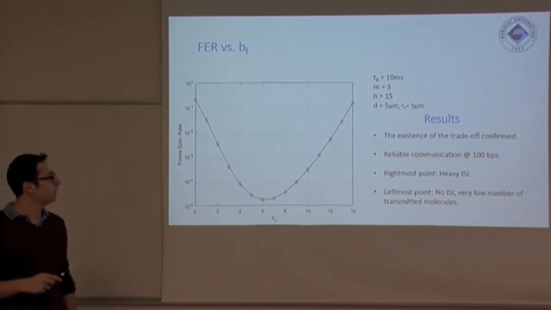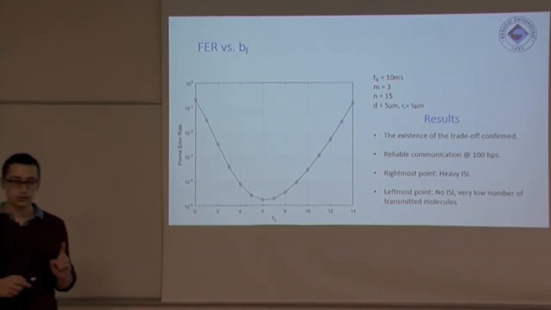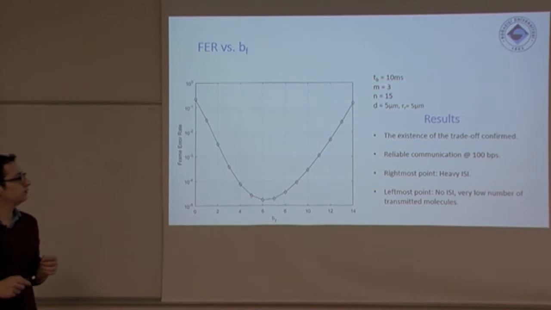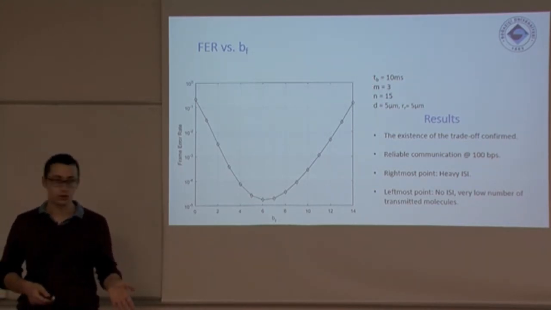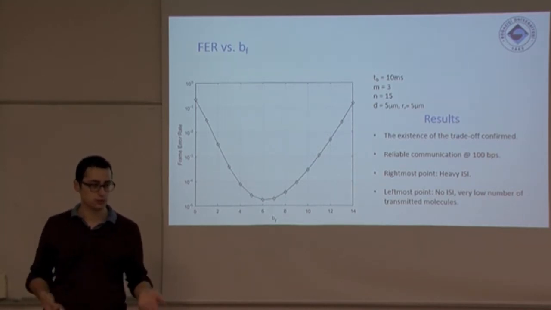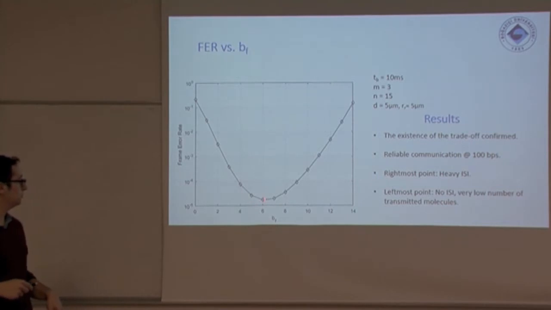And we have an M value of 3, and we have a TB value of 100. Mind you, generally, TB is on the order of 200 milliseconds, 300 milliseconds in regular concentration-based molecular communication systems. So this is really promising, actually.